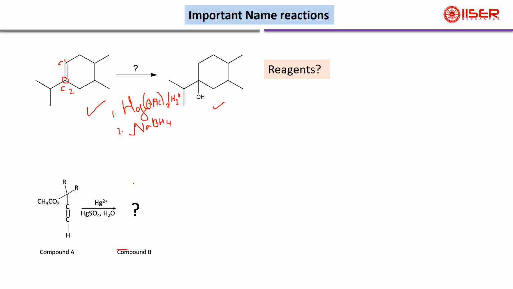Now what will be the product in this case? So let's go first. It will form a cyclic cation.